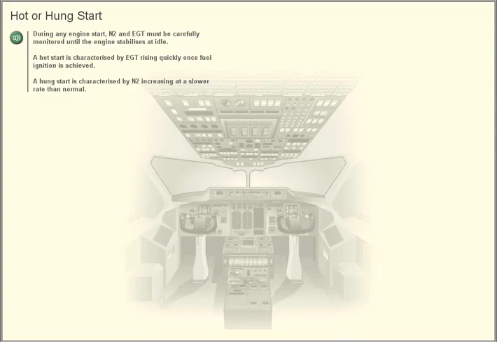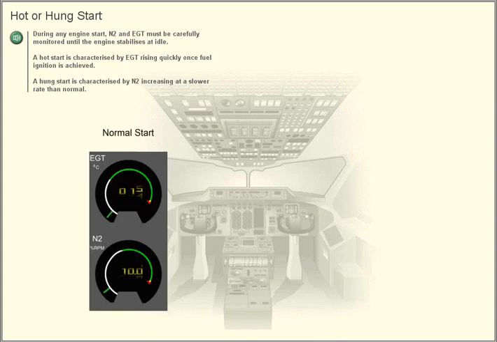Hot or hung start. During any engine start, N2 and EGT must be carefully monitored until the engine stabilizes at idle.